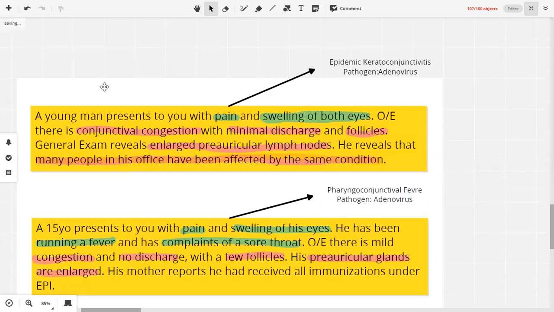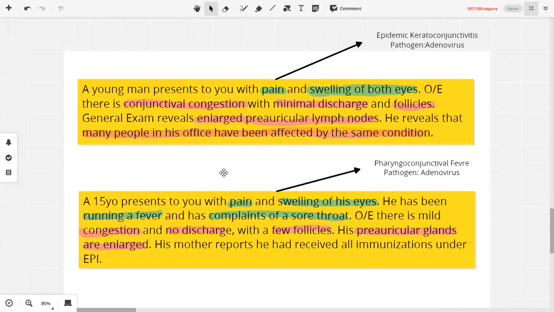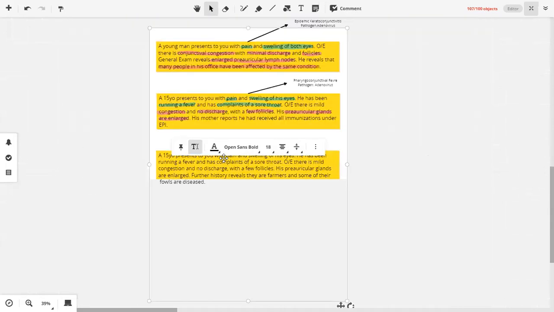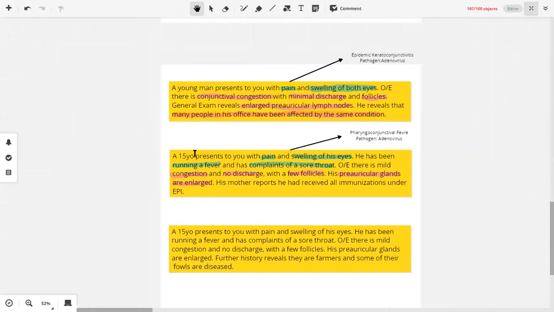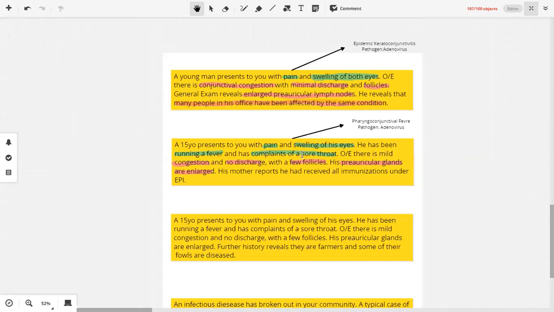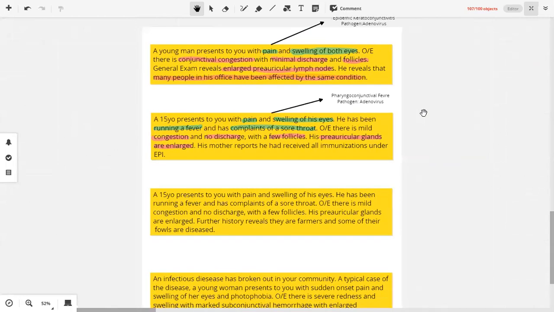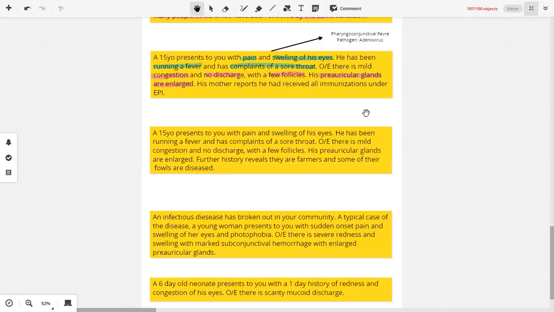You can see how just the addition of one little statement can change the case, that our patient has a sore throat. This sore throat is why we have diagnosed this patient with pharyngoconjunctival fever, and the pathogen is again adenovirus. Now moving on to this next case.